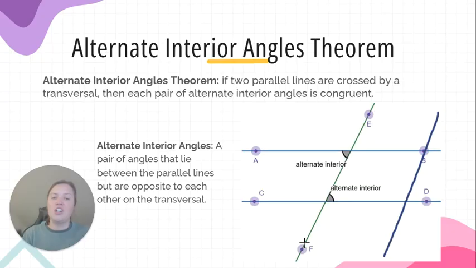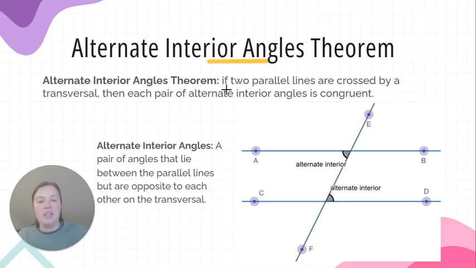So what are alternate interior angles by definition? And then we can use the theorem that states that they're congruent. It's kind of like two steps. By definition of an alternate interior angle, these are two alternate interior angles. And then by the alternate interior angle theorem, they are in fact congruent, okay?